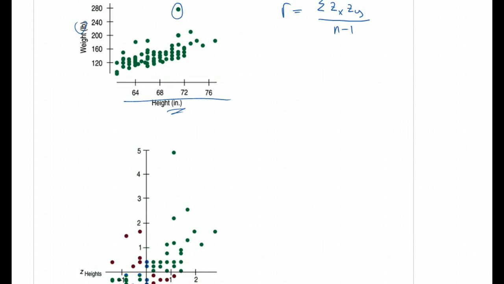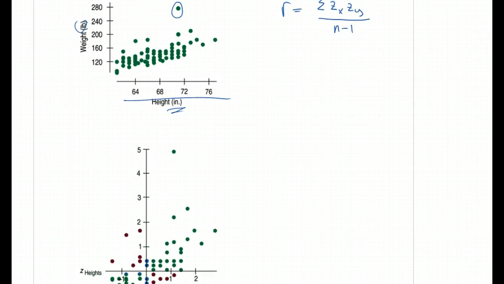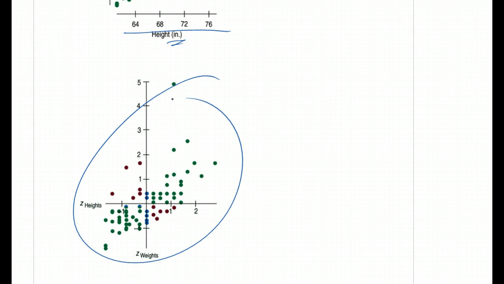The correlation is the same. The number is not going to change here, but this is actually a fairer representation of what the data points look like, because now they're on the same scale. And the origin in this case makes a lot of sense. This is the mean for the heights and the mean for the weights. So that's what the origin represents in this case.